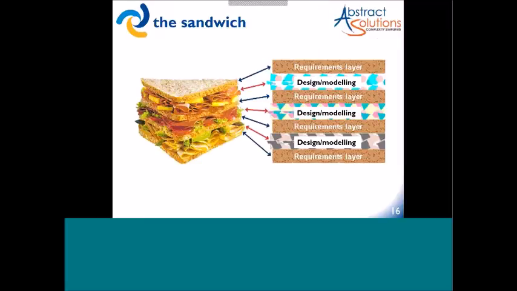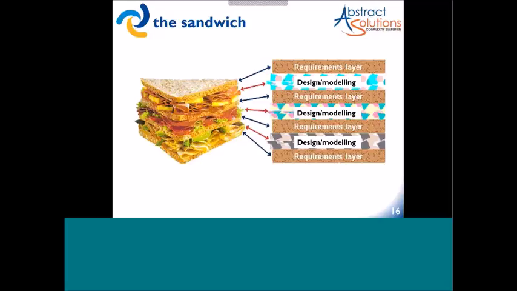You will see here represented what's sometimes called the systems engineering sandwich. This came out of a presentation to INCOSE back in 2002, I believe, and is intended to describe the relationship between requirements and modeling and design.